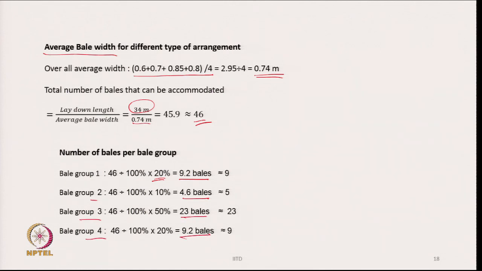Obviously, 9.2 cannot be taken; we have to go for an integer value. So, 9.2 we can make it 9, this 9.2 also we can make it 9, bale group 3 is 23, which is an integer figure. Bale group 2 is 4.6, so we can make it 5, we can increase it, and the total will now come to 46.